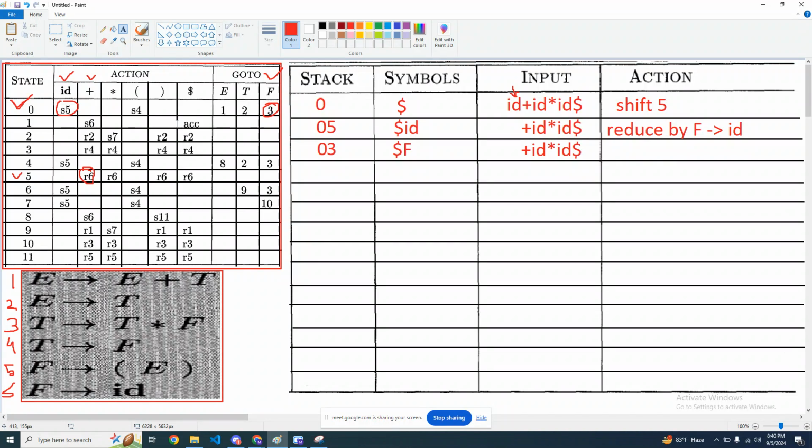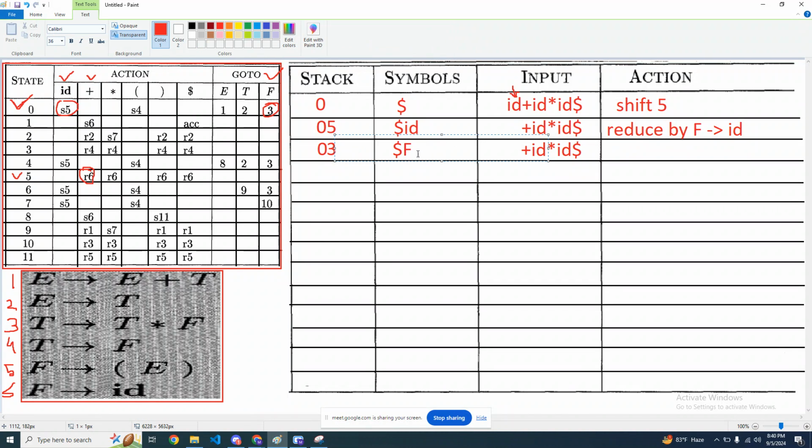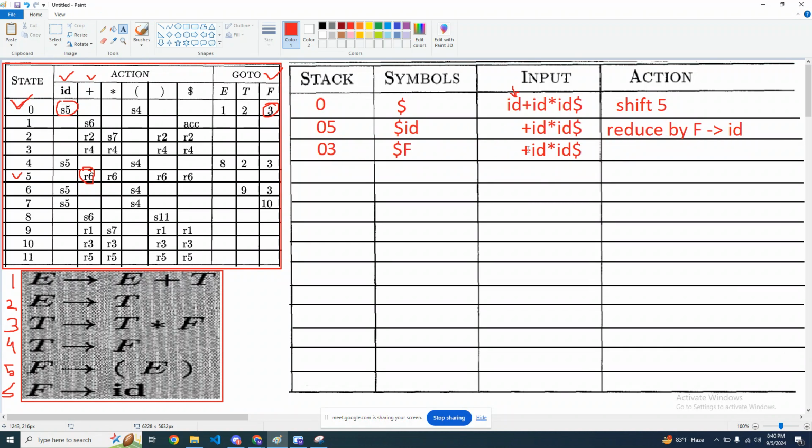If you hit accept, that means your string is parsable by this parser. So let's quickly complete this. So the top of the stack is 3 and the current input is plus. So you go to 3 and plus. We do R4, right? So we do R4.